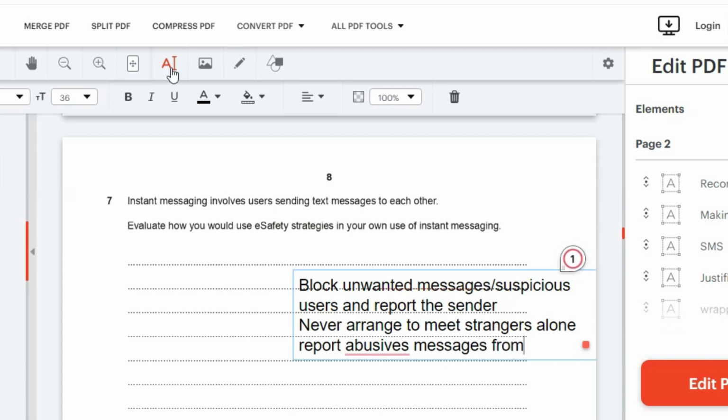You have to report abusive messages from the sender of the messages.